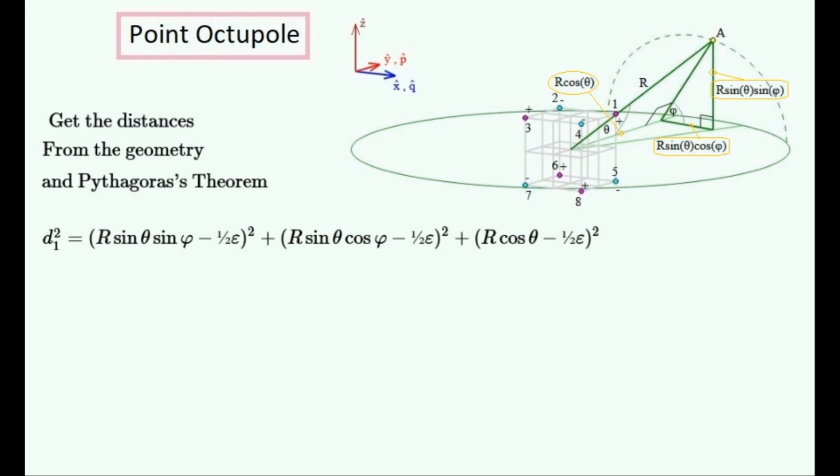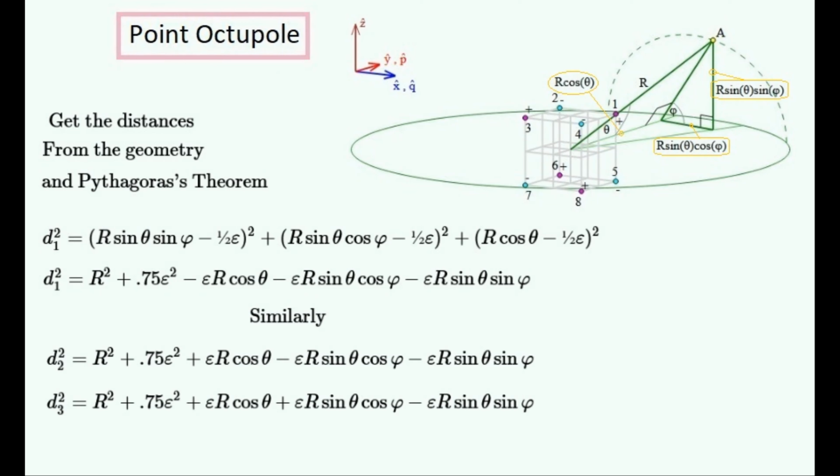This is the distance of point A, also called the observer point, from the first charge labelled 1. It was calculated using the geometry of the diagram and also from Pythagoras' theorem. After a lot of expansion and simplification, we get this expression.